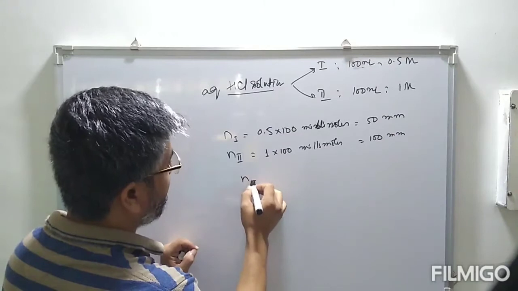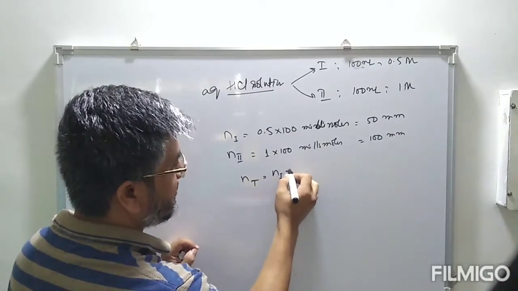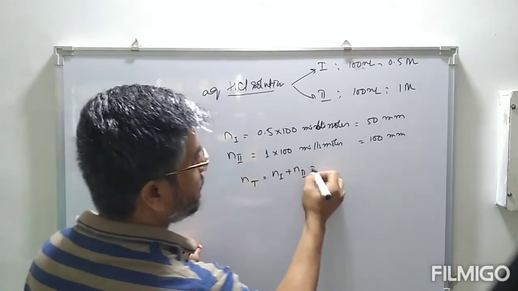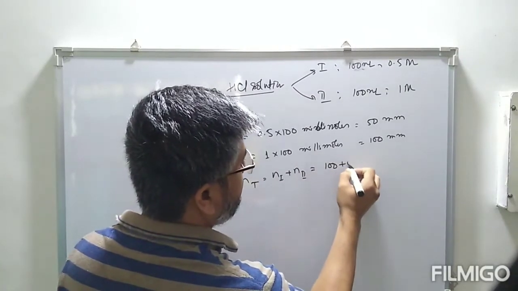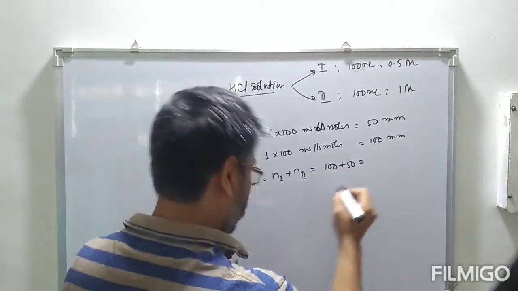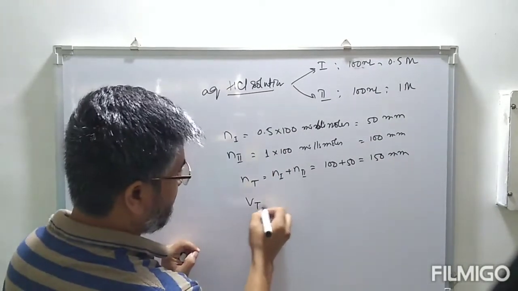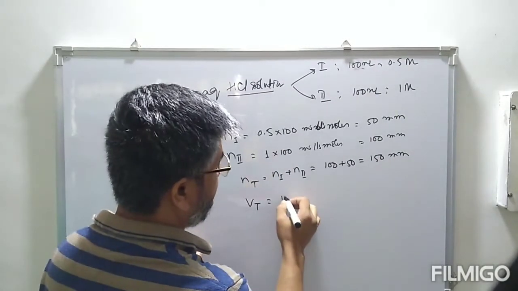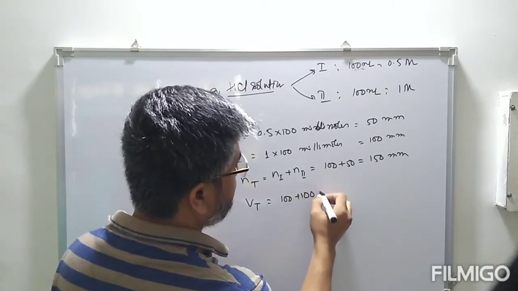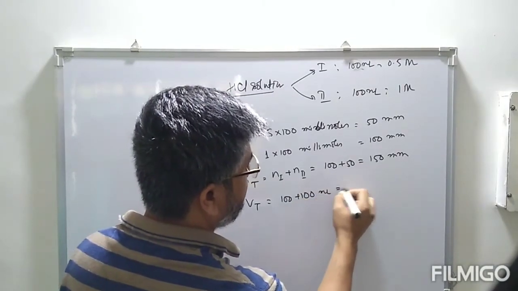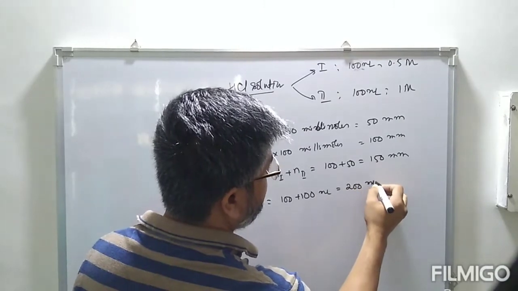Therefore, the total number of moles is the number of moles of HCl in 1 plus the number of moles of HCl in 2. So this is 100 plus 50, that is 150 millimole. Total volume is 100 plus 100 ml, that is 200 ml.